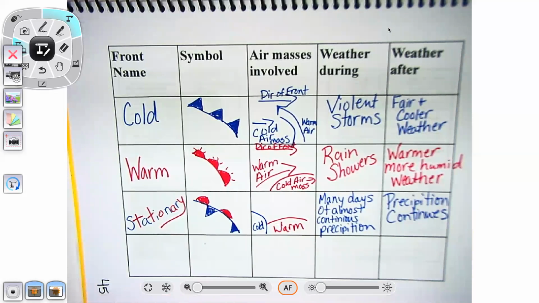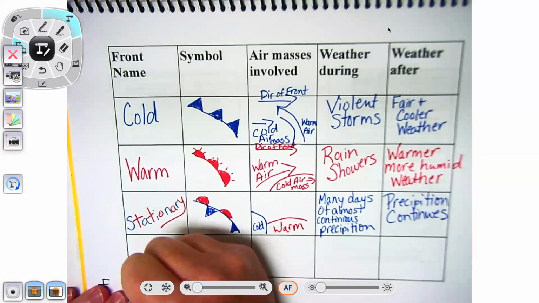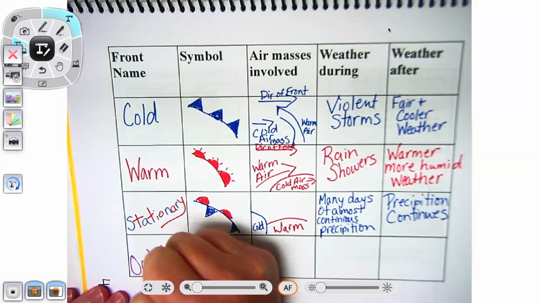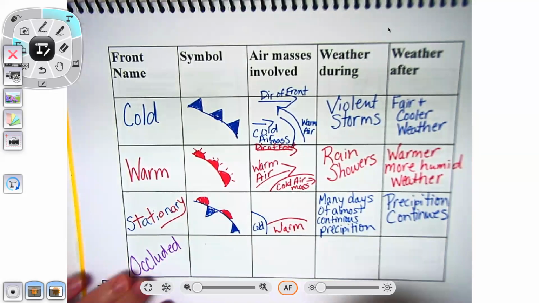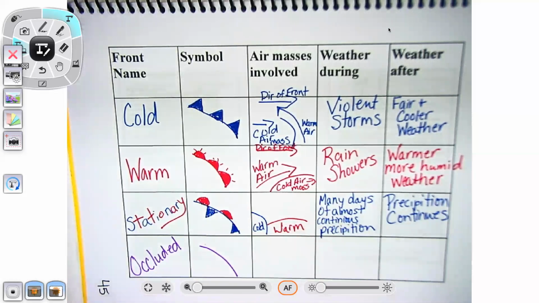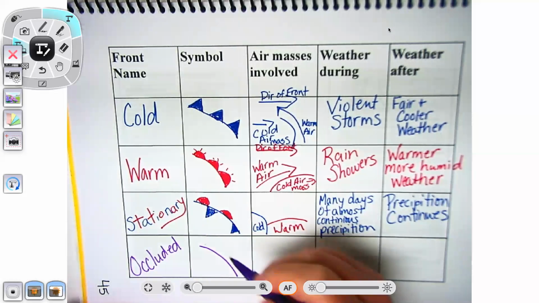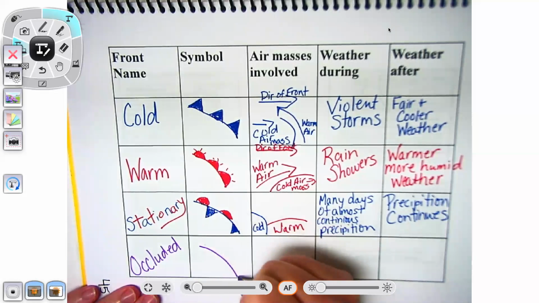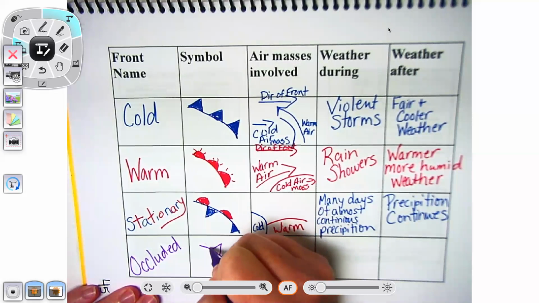All right, next is an occluded front. Now we're going to talk about what happens during an occluded front. In an occluded front, we're not battling like a stationary front. You've got both your cold and warm air masses.